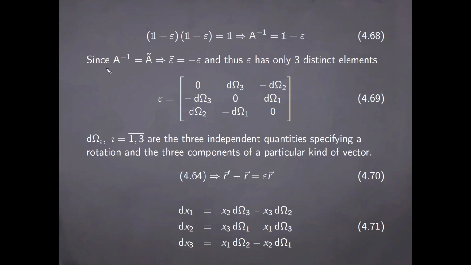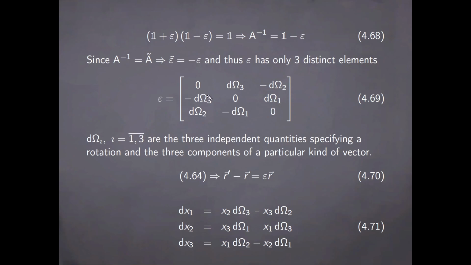And since this is an orthogonal matrix, the inverse is equal with the transpose, so the conclusion is that the transpose of epsilon is minus epsilon. Thus, the matrix epsilon has only three distinct elements and is antisymmetric, having the general expression here.